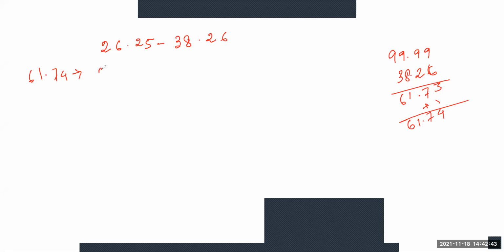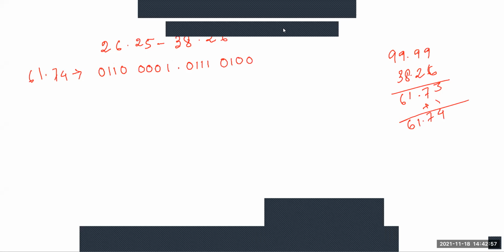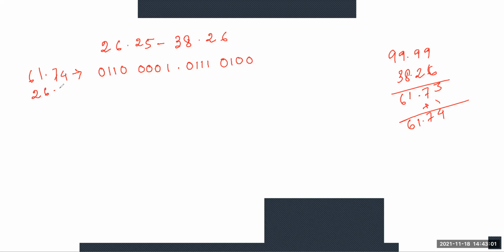So here this is 0, 1, 1, 0, 0, 0, 1, 0, 1, 1, and this is 0, 1, 0, 0. The minuend is 26.25.